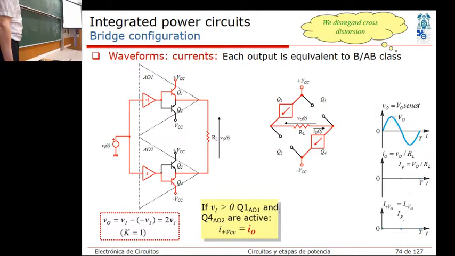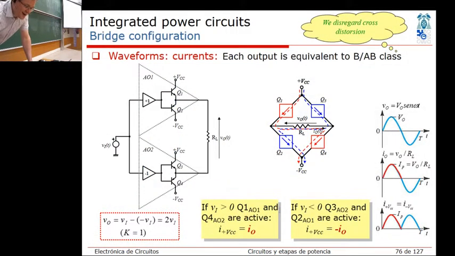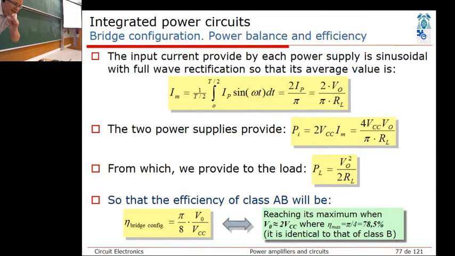It still explains the same on positive cycle and negative cycle.